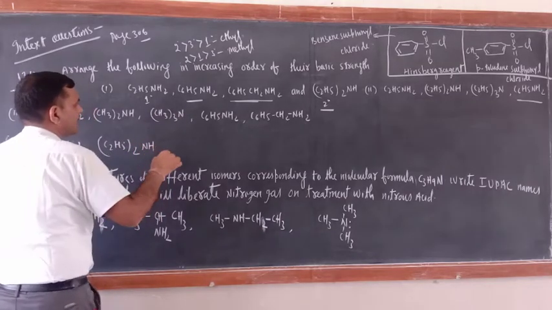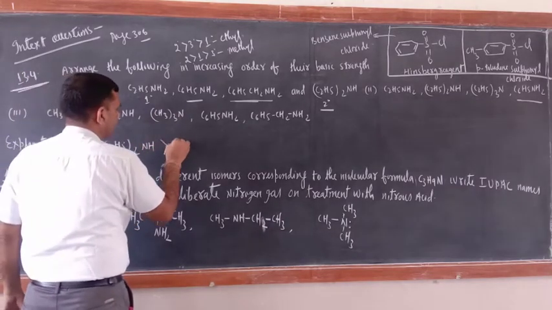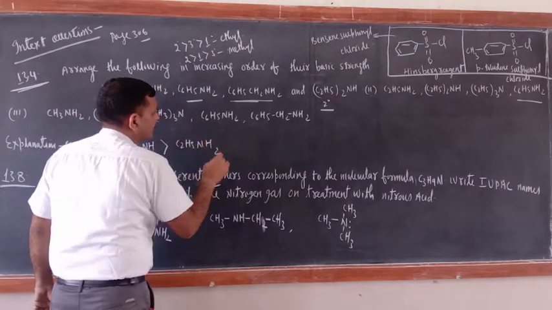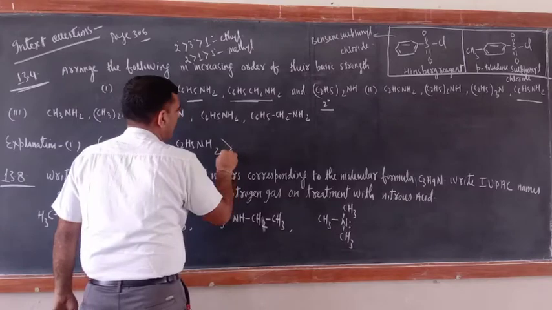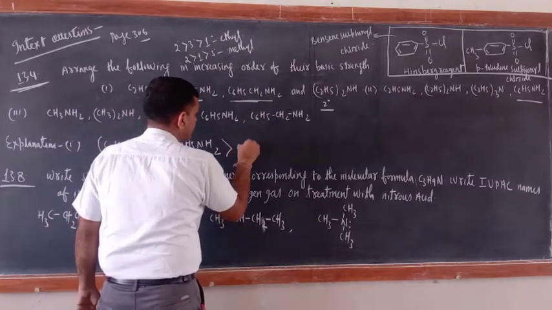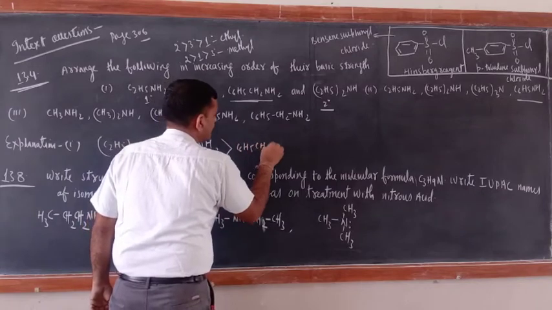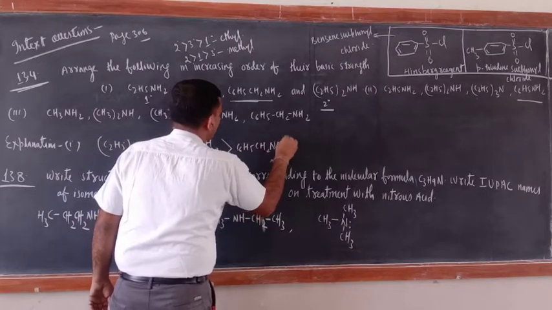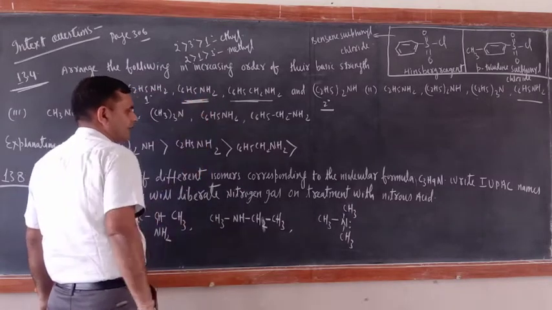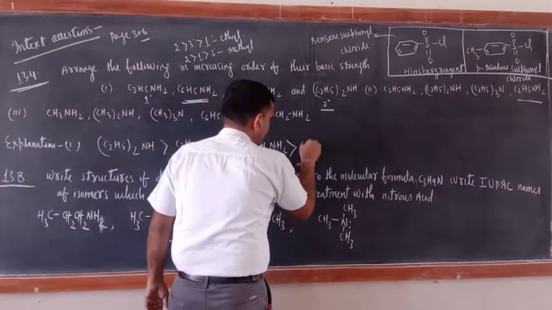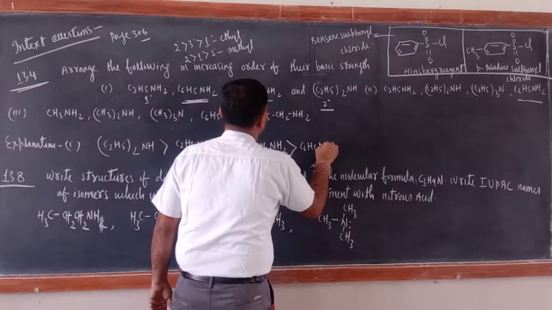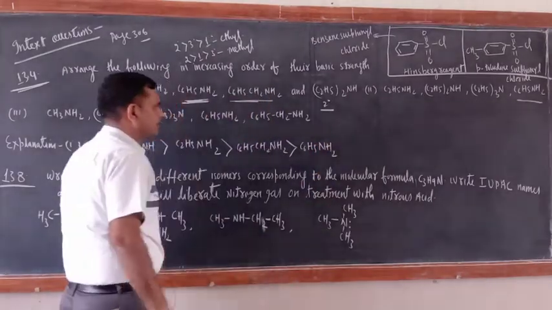Now 3 degree amine they have not given, so next one would be C2H5NH2. After aliphatic amine, the aryl alkyl amine is there, C6H5CH2NH2. And at the end, aniline, aromatic amine, C6H5NH2. That is the basic strength order. Any problem? No problem.